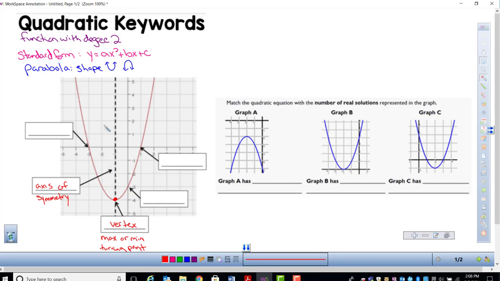It kind of is a reflection over this line, this axis of symmetry. And that always goes through the vertex. It is halfway in between these 2 points, which I'm going to get to next. These 2 points are the x-intercepts.